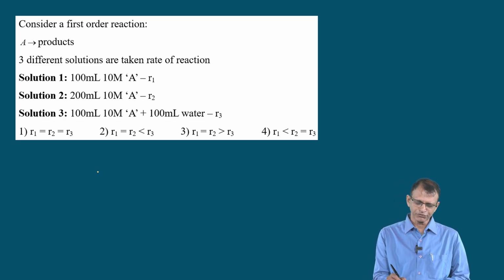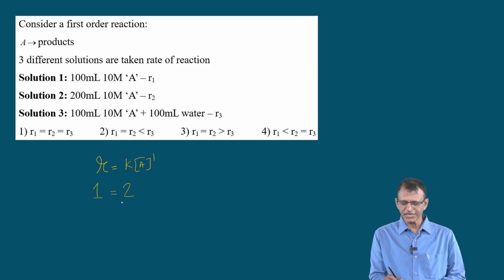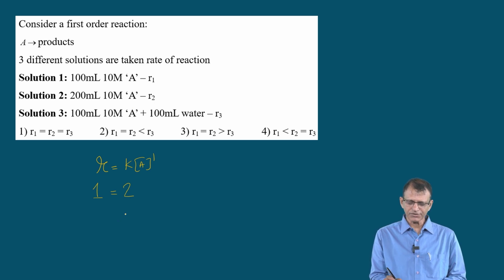We know that for first order reaction we can write that the rate of reaction is equal to rate constant into concentration of reactant raised to the power 1. So here for solution 1 and solution 2, the concentration of A is same. So we can say that for solution 1 and solution 2, the rate of reaction will be same, but when we add 100 ml of water, the concentration of A becomes half and rate of reaction will be less in the third case.